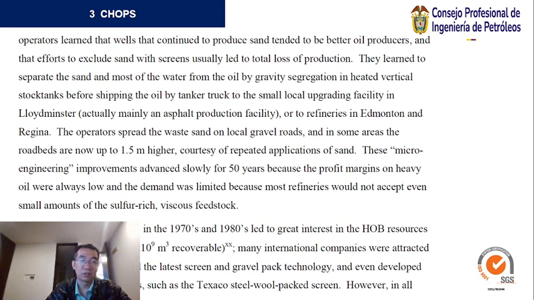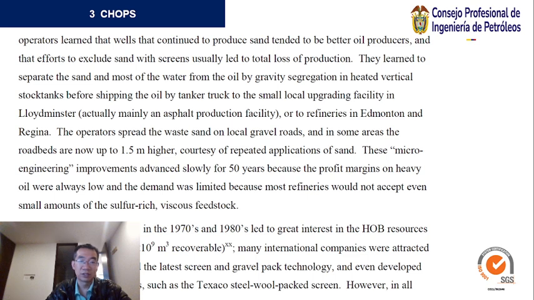The sharp oil price increase in the 1970s and 1980s led to great interest in the HOB resources. Many national companies were attracted to the area.